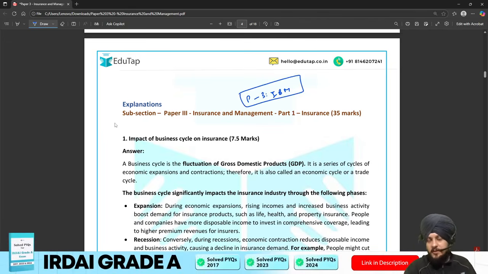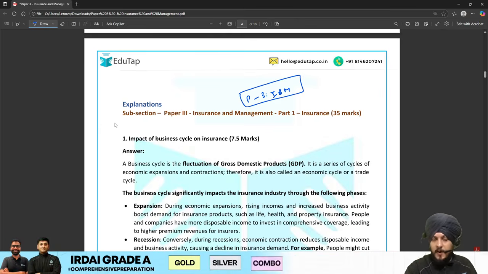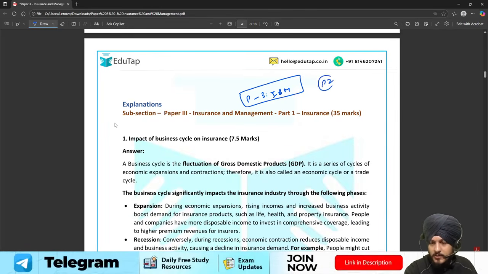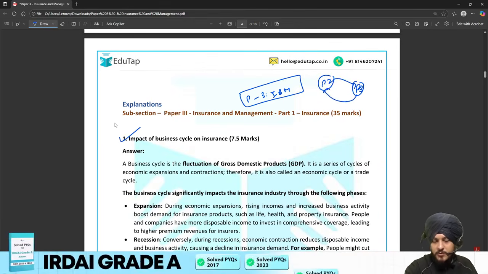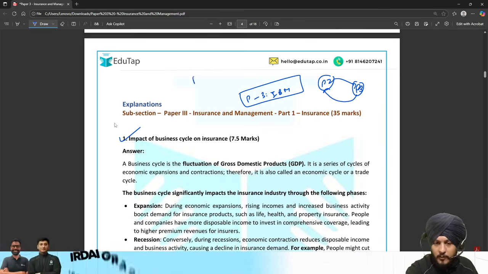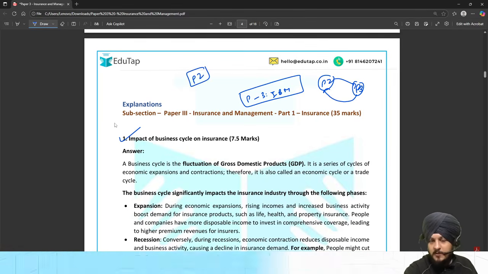Because there is an unusual trend in the IRDAI Grade A exam: sometimes they ask Paper 2 questions in Paper 3, and sometimes Paper 3 questions in Paper 2. This has happened with this question also. You will find the business cycle and its impact in your Paper 2 syllabus, under ESI impacting insurance. It is not there in Paper 3.